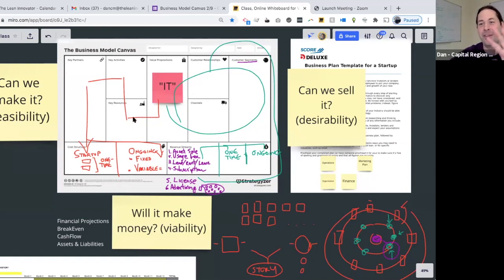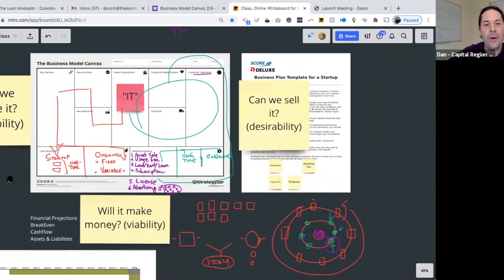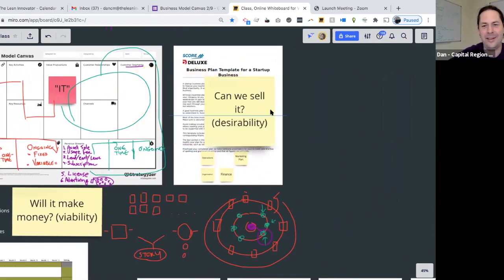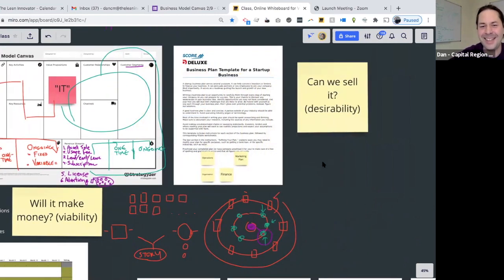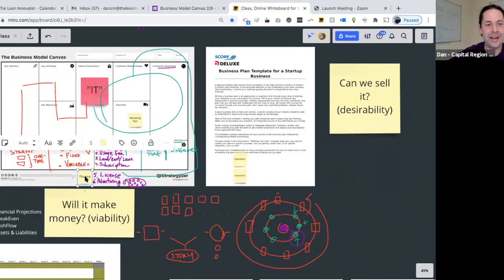All right, now here's the cool part, at least another cool part for me: once I understand all of this and how it fits together, I look at this document right over here and I'm like, what a piece of cake. Marketing plan? Oh, I know where that goes. That goes in the channels. Finance? Easy. That goes right over here, when we're talking about costs and variable costs and all that kind of stuff.